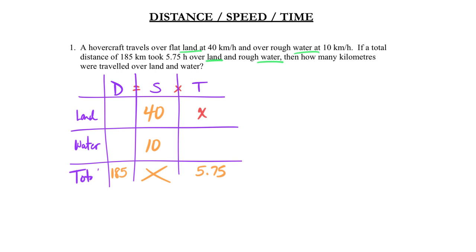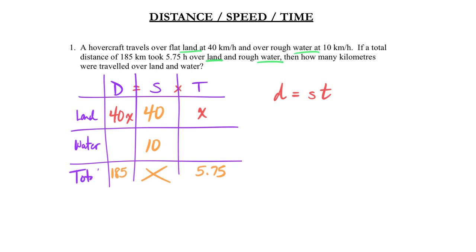Well, now look what happens if I allow my time on land to be x. Well, then I know distance equals speed times time. So my distance on land has to be 40x. My speed, 40 kilometers an hour, times my time.